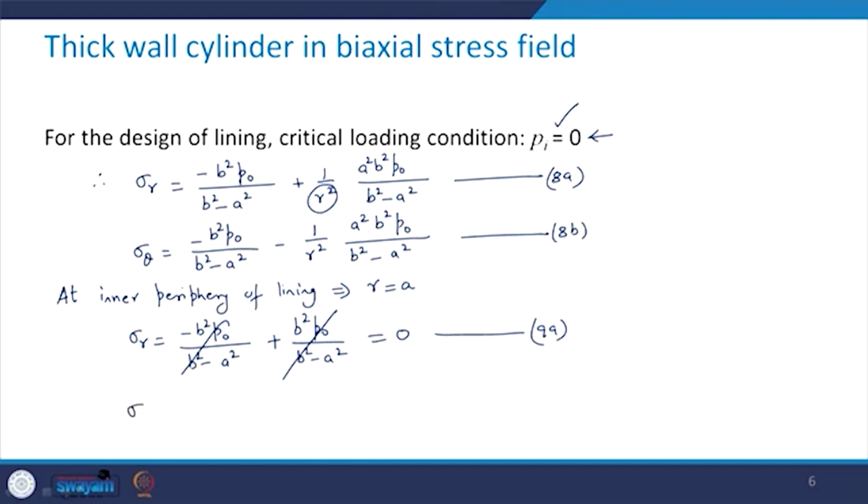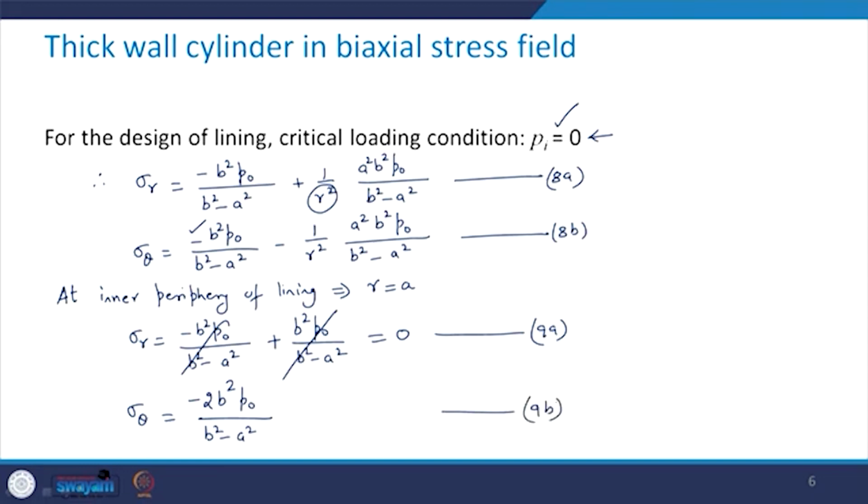And your sigma theta will be, see this is minus b square p naught upon b square minus a square, and the same thing will be here. So, I can write down simply minus 2b square p naught upon b square minus a square. That is 9b.